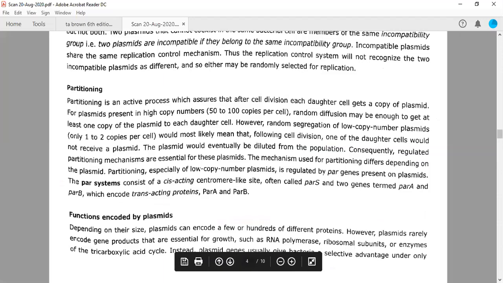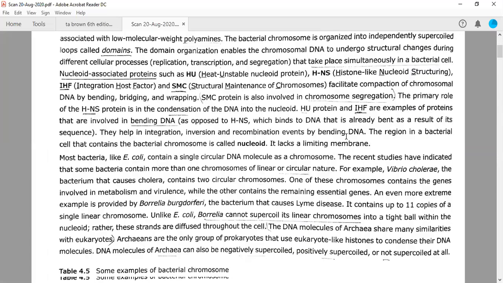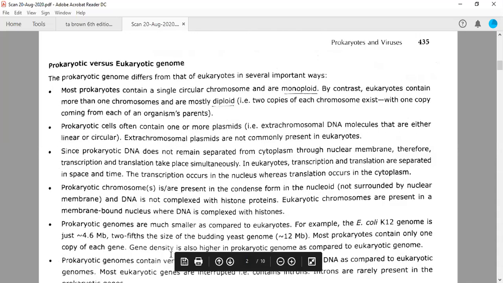I will go back to the table given in your Pathfinder, which lists those bacteria having more than one copy of their genome. Agrobacterium tumefaciens, the genetic engineer of plants, has two chromosomes, both linear as well as circular. Bacillus subtilis has one circular chromosome. E. coli also has one circular chromosome.